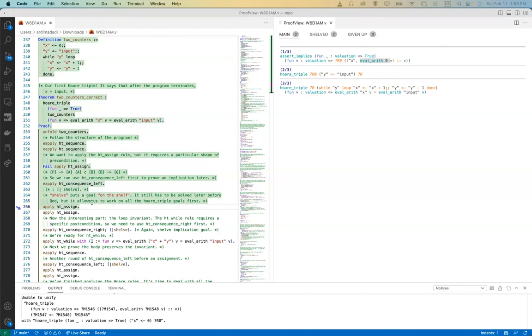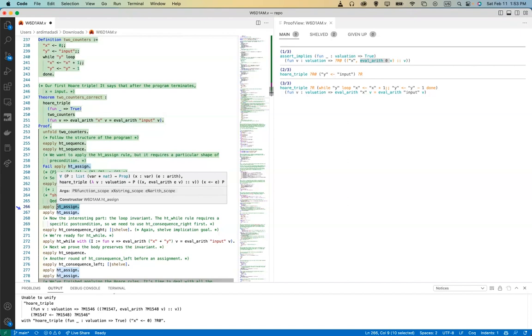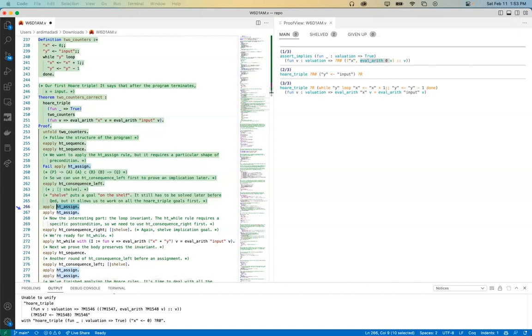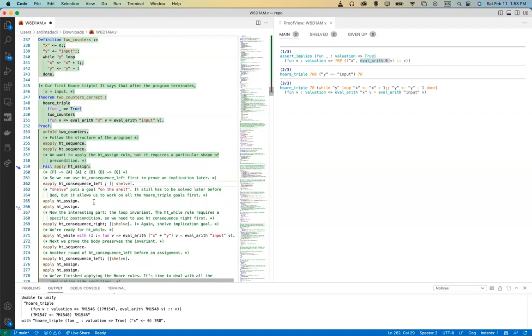And that was the goal of applying the assignment rule to do a substitution in the postcondition. So even though this is going to happen behind the scene after we apply the consequence, or the wiggle room on the left, because we want to gain some information and then come back to this situation, you're not going to see how this is happening when we shelve it, but that's happening in the background as we are progressing through the other subgoals of the proof.